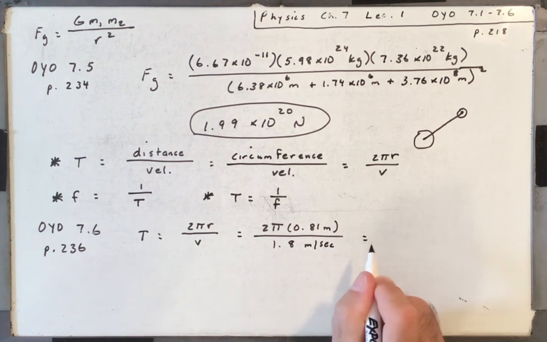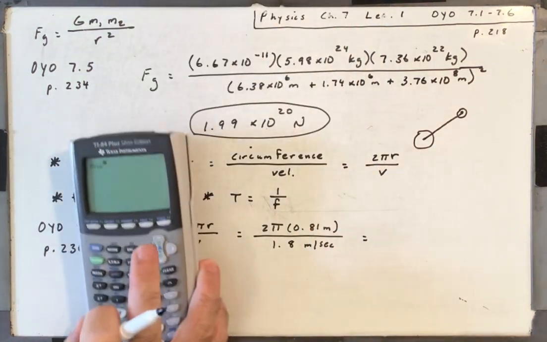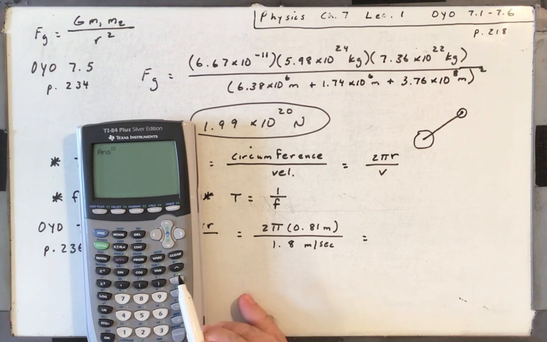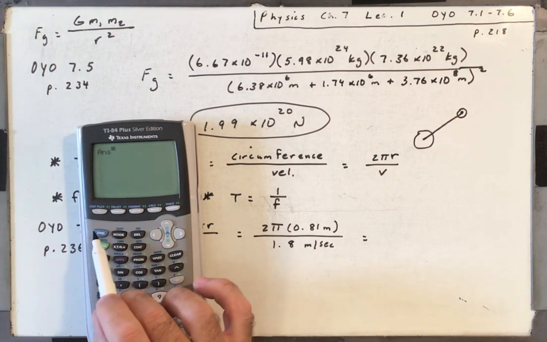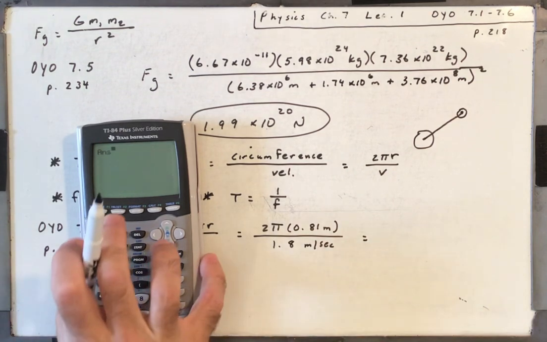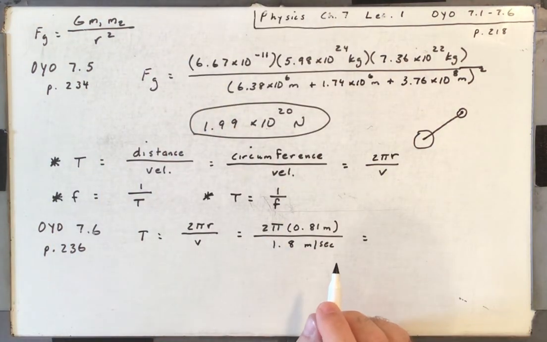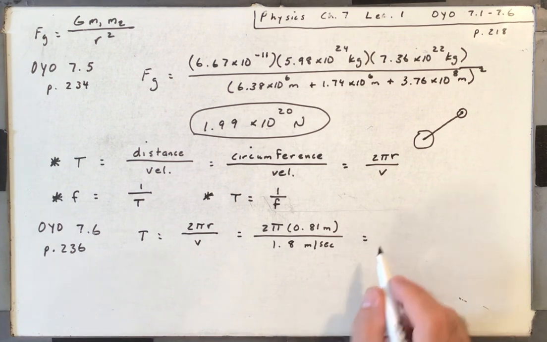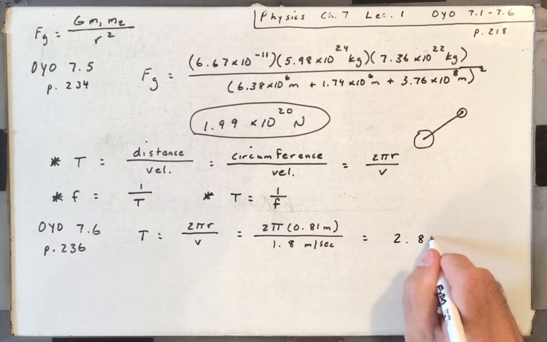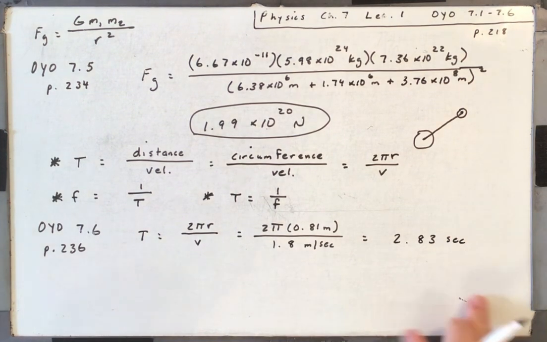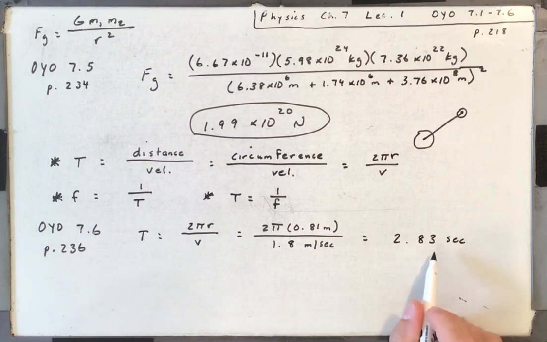So remember, you can use the pi key on your calculator, it's right above the caret, so hit second function and then the caret. But that is 2.83 seconds. So that's how long it takes this toy train to get around the track, 2.83 seconds.